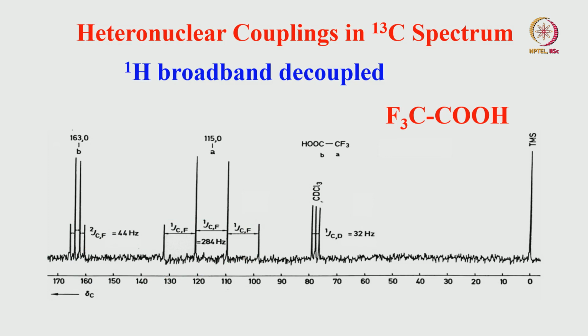Now, since the time is getting up, I will stop here. What we did in this class, we started understanding how to interpret the carbon 13 spectrum, a simple spectrum. I said intensity of the peaks depends upon chemical equivalence, how many carbons are chemically equivalent.